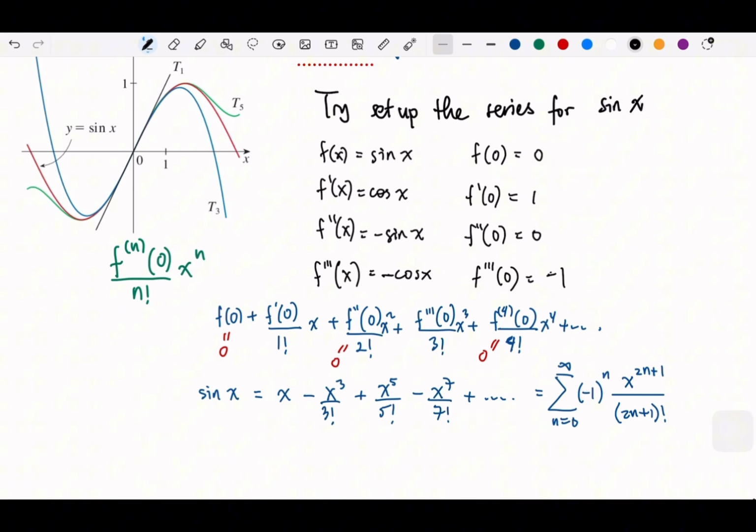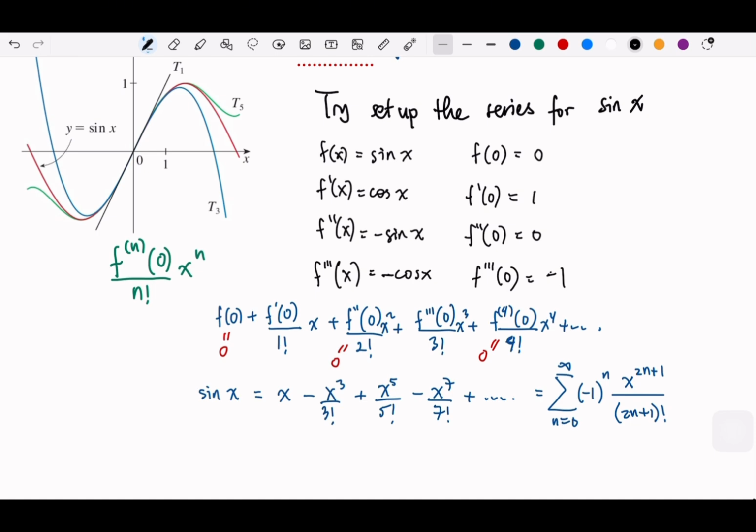Basically you put all into this pattern, and you will see in cosine, we are having the even number, not the odd. And another way to look at the cosine is we have sine, we can derive. So we can derive this sine to become cosine. And all things here will also be derived. Or basically, we are going to derive the whole series. We can do that as well.